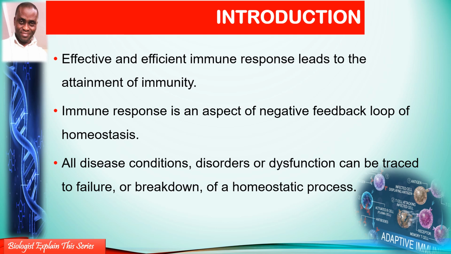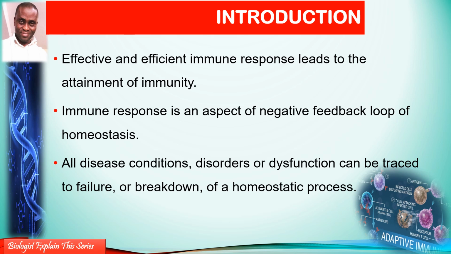If the body was invaded by pathogens or anything harmful or toxic, and the immune system was able to respond appropriately and effectively, the body attains immunity. So if you are immune, you are protected against certain things that your immune system was able to respond to appropriately and timely. It's just like somebody who attained diplomatic immunity, or because you're a politician, you are immune to some parts of the law.